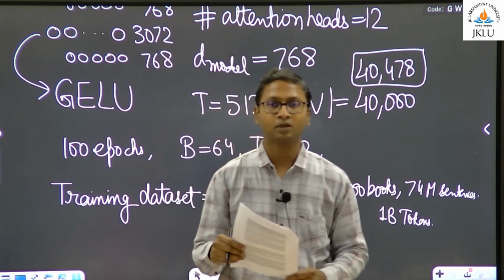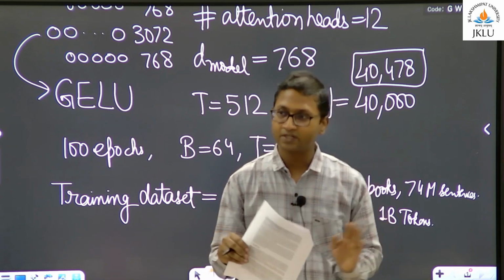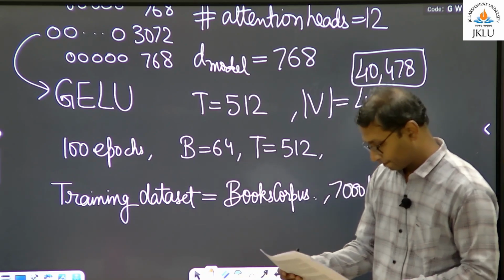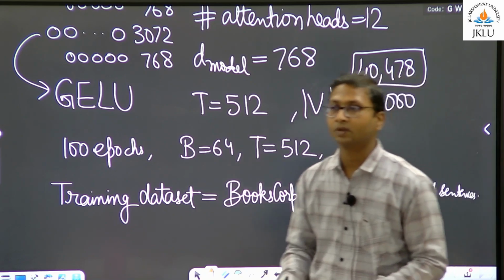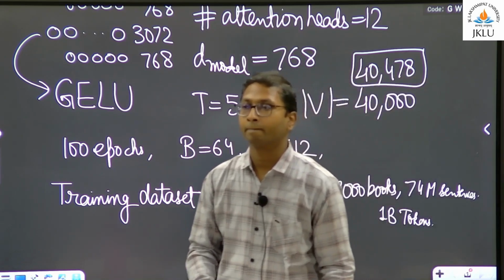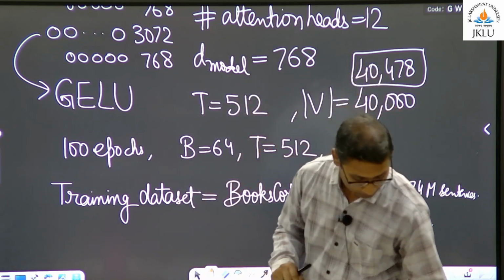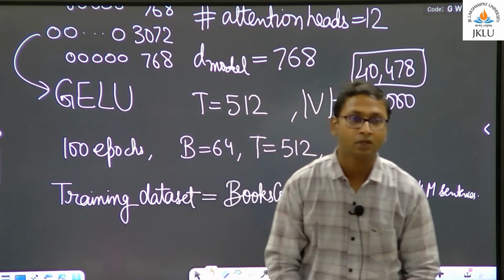GPT-3 they withhold somewhat, but 3.5 is something that is completely a black box. Okay. But we will try to see that anyway. I have not gone to that part right now. I am about to go there now.